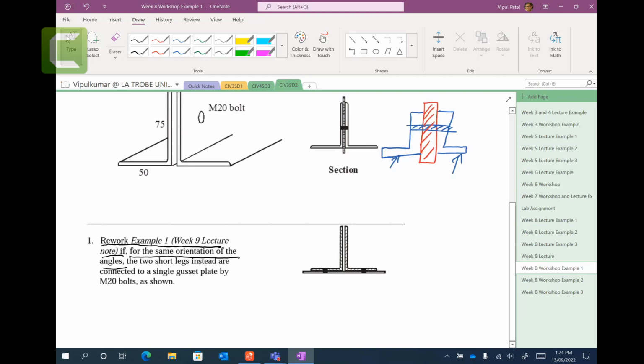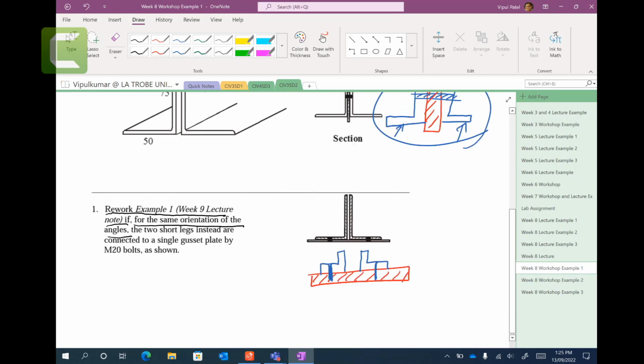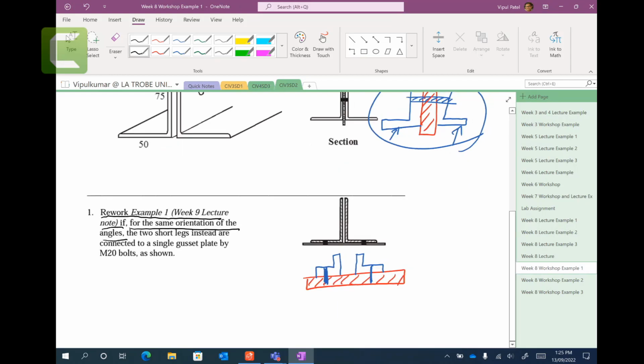Now someone said that, okay, this red leg will come down here, and you have this, and you do the bolting here instead of this one. That's the configuration. Like yesterday, we did the calculation on this one. Same thing.